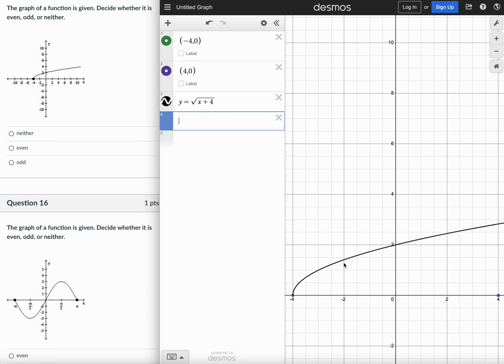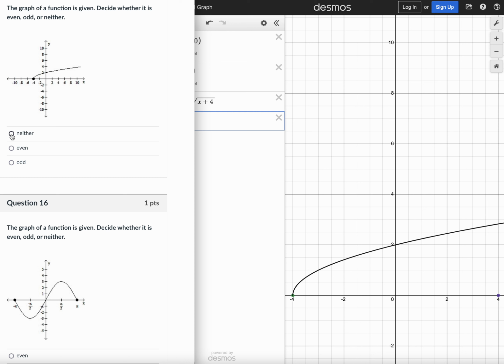So basically, if you can see, if you put here, negative 4, 0 is on the picture, you see right here. Then this point is not on the picture. So this function is neither. Neither. So you should choose that.